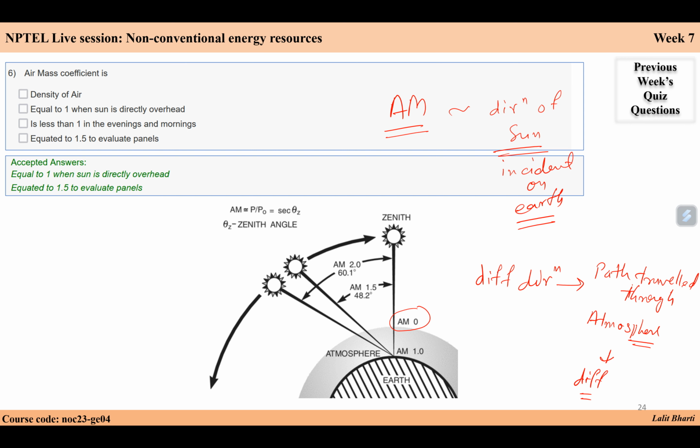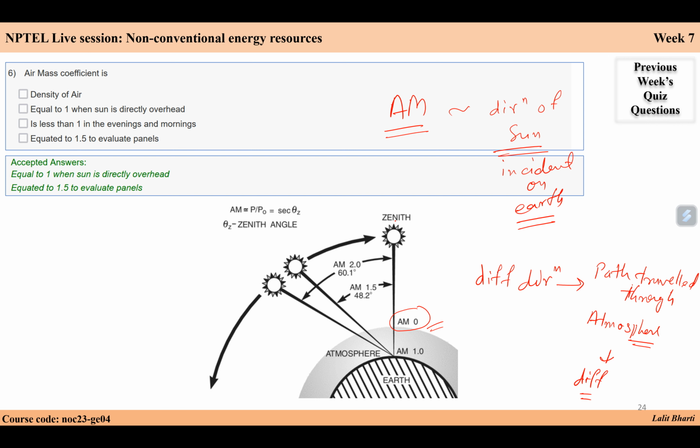So we will be getting different intensities of the same sunlight with different angles. Outside the atmosphere, it is called AM0 because it is not affected by the atmosphere.